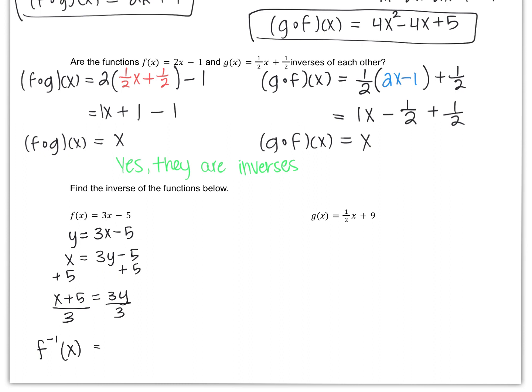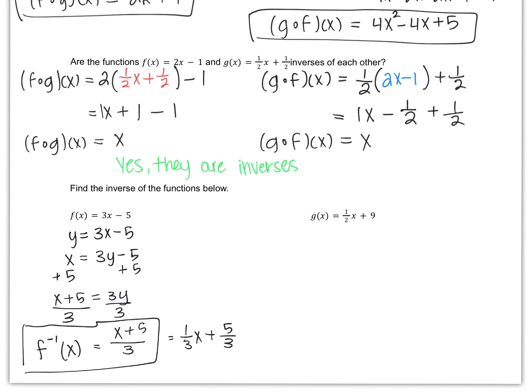And then I can leave my answer as a fraction. I can leave it as x plus 5 all over 3. You can, if you want, break it up. You can write it as 1/3 x plus 5/3. That is acceptable. It is the same thing, but you're not required to split it up into a fraction.